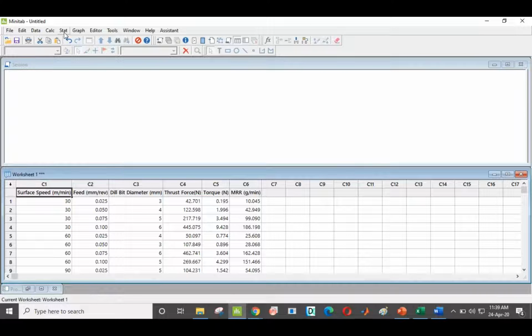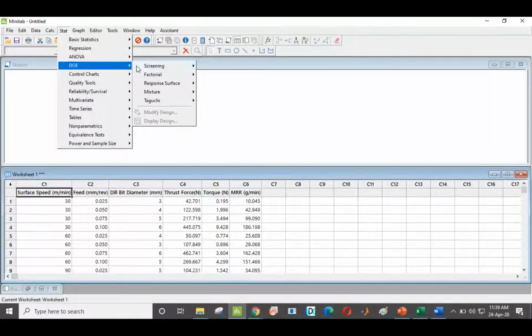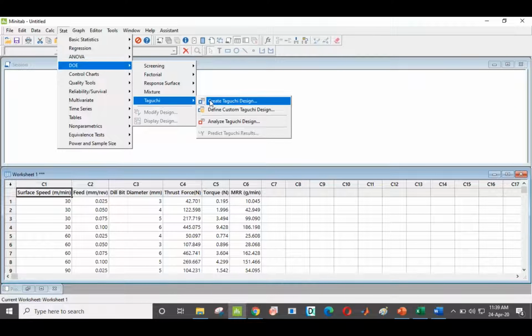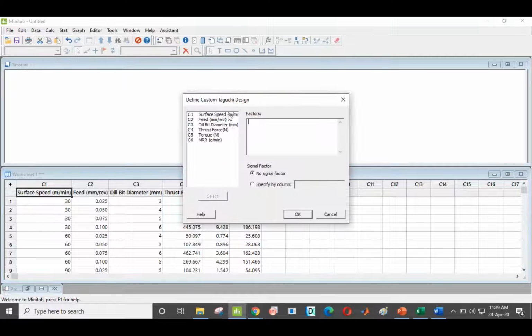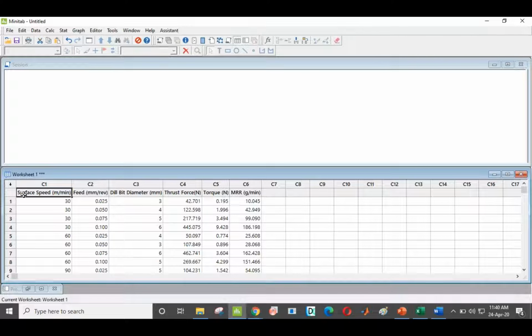So go to Stat, DOE, Taguchi, Create. So I have created. So go to Define. My inputs are these three, because this design is based on Taguchi. That's why we are not once again going to create, but we have to define which are all the input parameters.